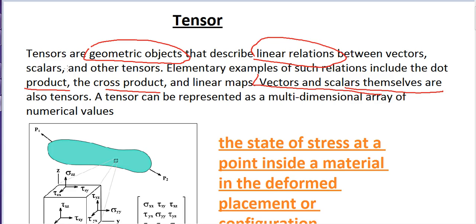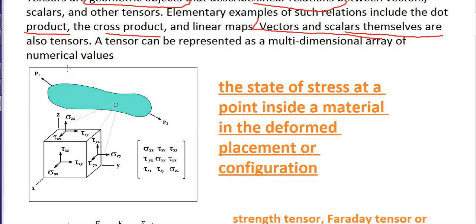For example, stress. We have a three-dimensional object, a general body, and here is a very minute, very small piece of it. We zoom in, and we have the x-axis, the y-axis, and the z-axis.